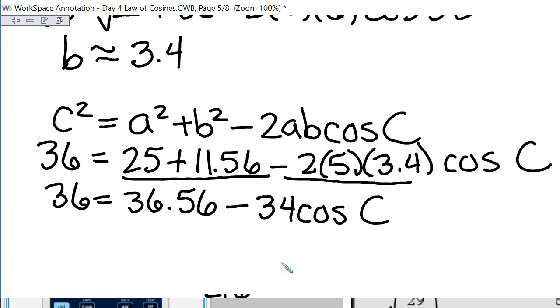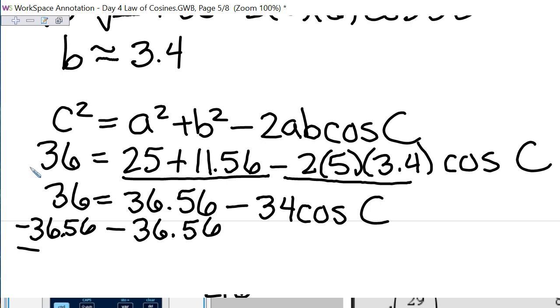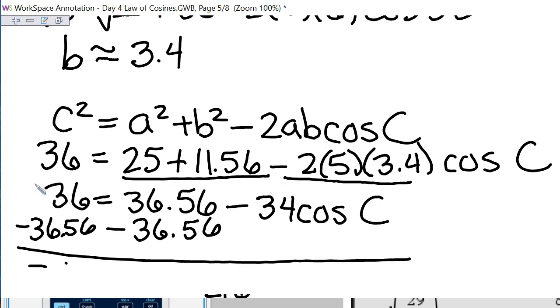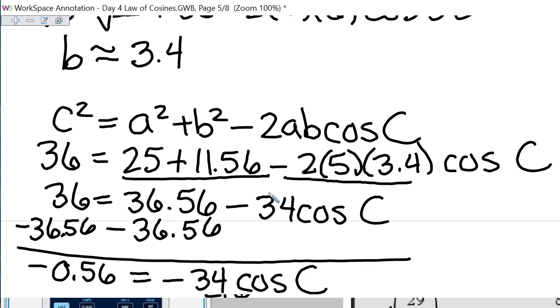Solving for cosine of C, what do we do next? Subtract 36.56. So 36 minus 36.56 would be negative 0.56 equals negative 34 cosine of angle C. What's next? Divide both sides by negative 34.